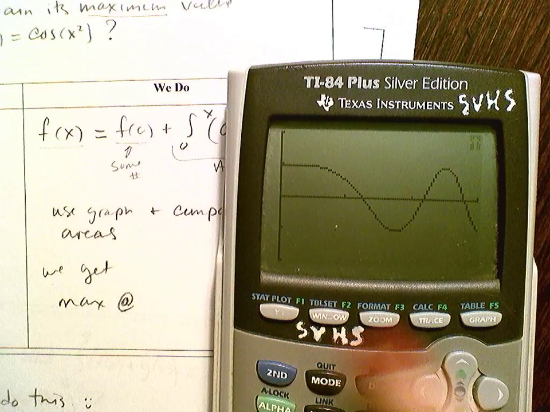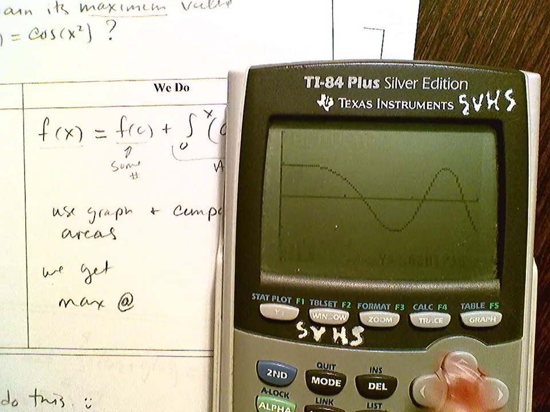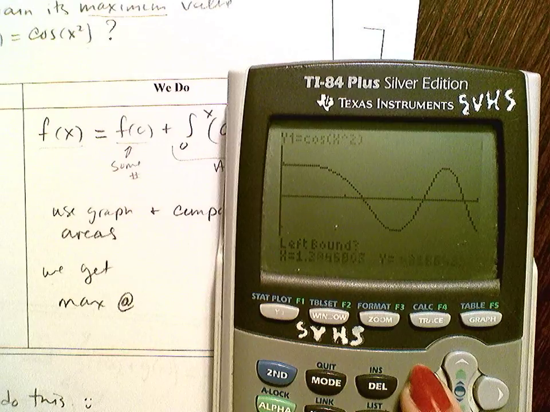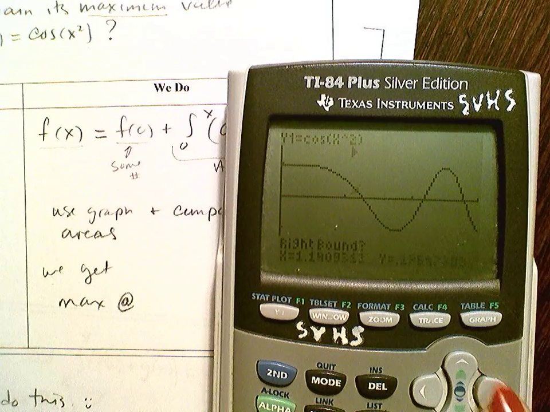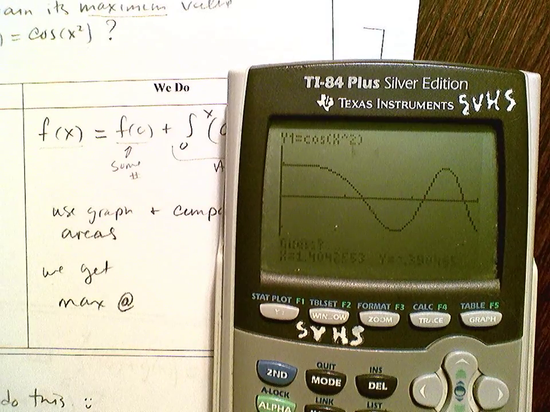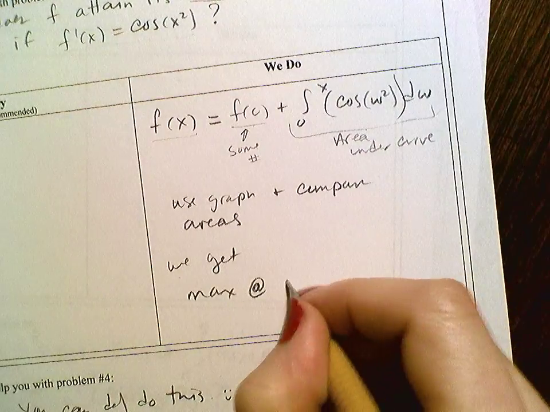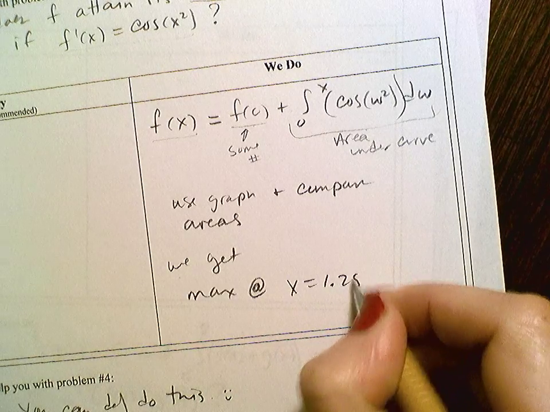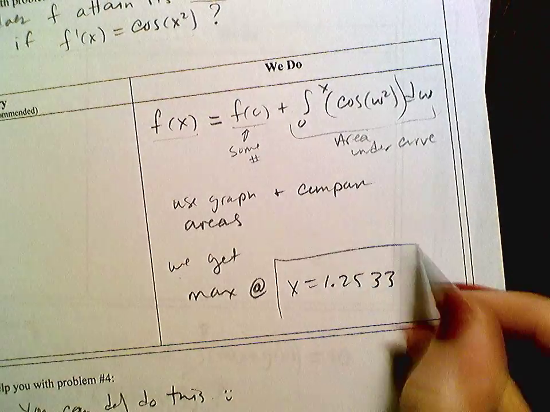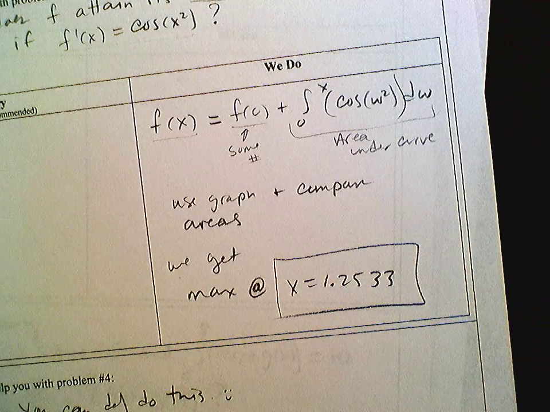So I go like this, 0, left bound, right bound, enter. So there it is, 1.2533. Wait, x equals 1.253. Yeah, 4 decimal places.